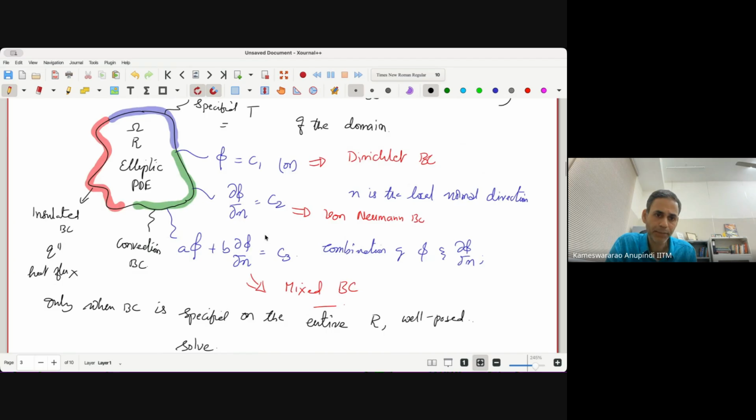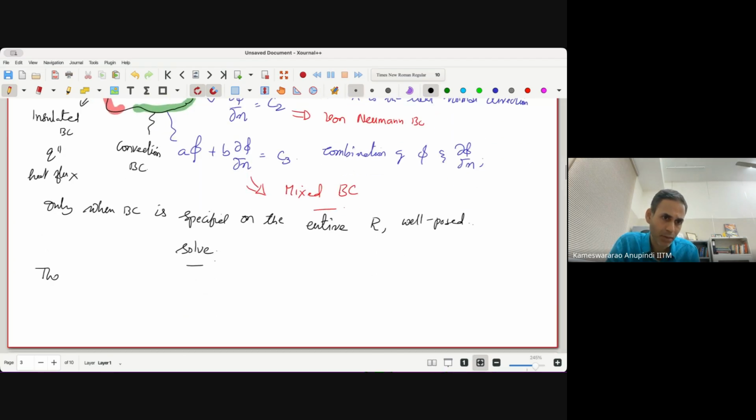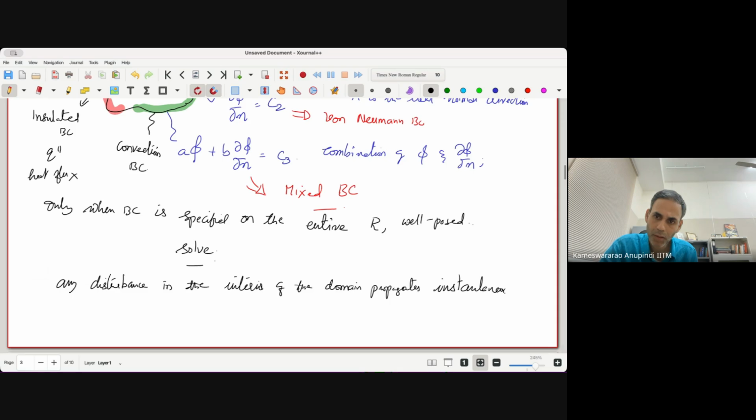Again, in elliptic problems, any disturbance in the interior of the domain propagates instantaneously throughout the domain.